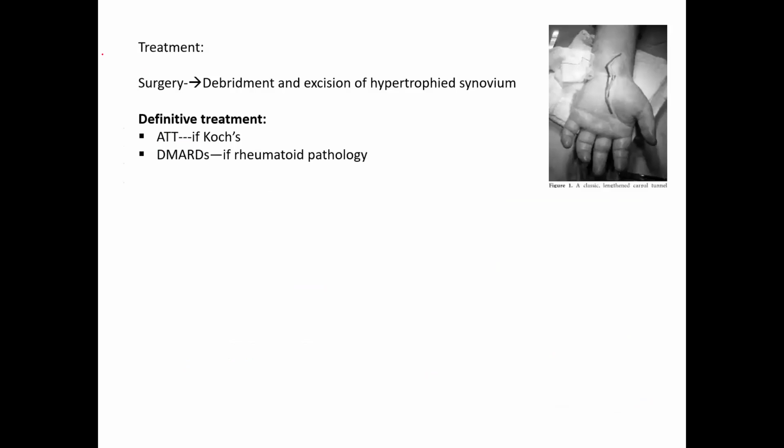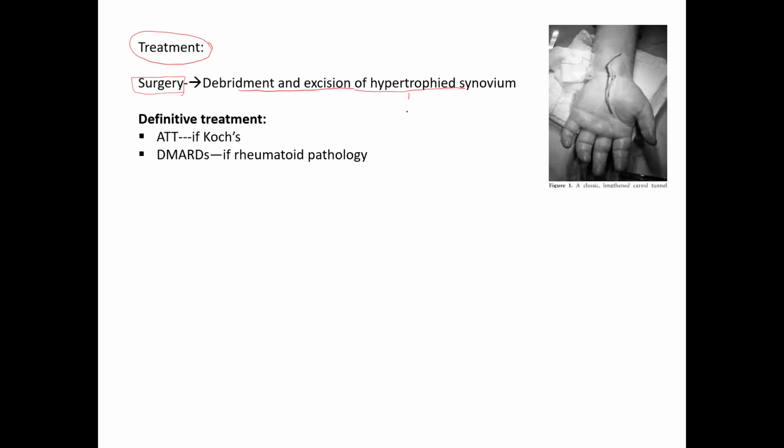So once you have diagnosed the patient with compound palmar ganglion, you need to treat the patient. How will you treat? The treatment is surgery. So what we need to do is debride and excise all the hypertrophied synovium. What happens if we don't do surgery is the inflammation goes on increasing and it may damage the flexor tendons completely.